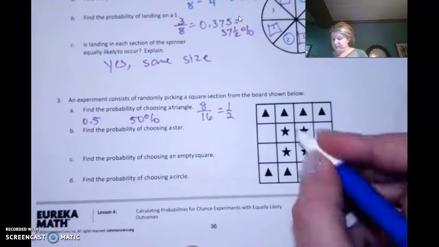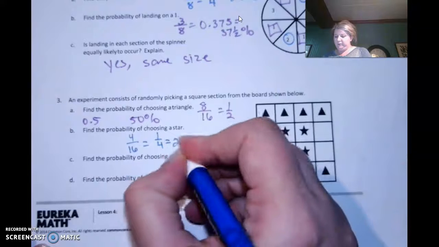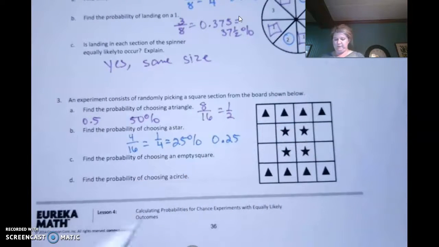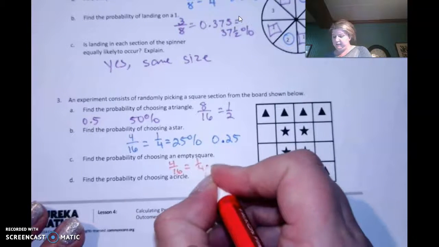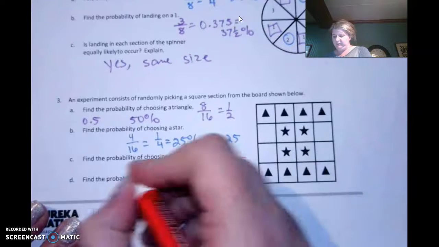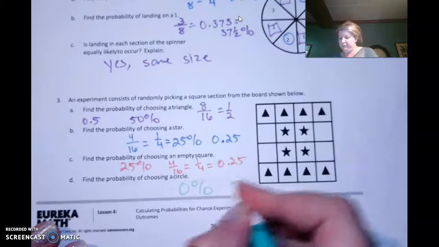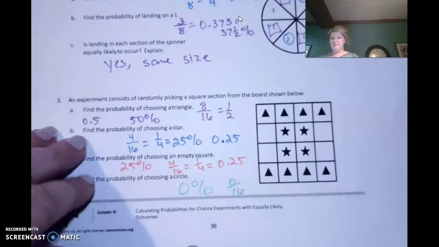Probability of choosing a star, 4 of those out of the 16, which is 1/4, 25%, or 25/100. Probability of choosing an empty square, again, 4 out of the 16, 1/4, 25/100, 25%. And a circle, well, there aren't any circles, so that would be 0% or 0 out of 16, or just 0.